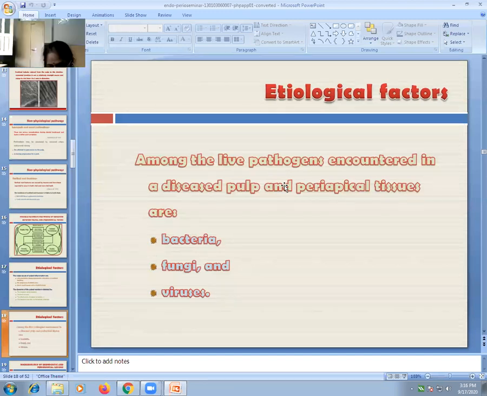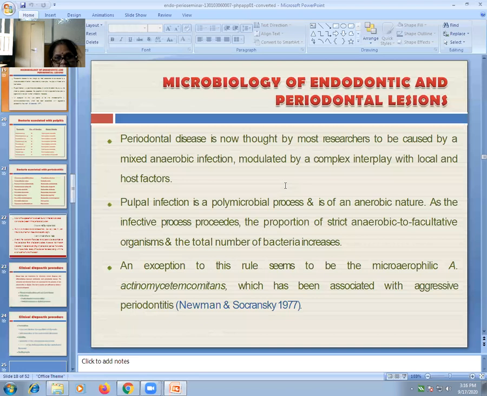So once you know the rationale, we will know what infects the pulp tissue. When you look at the microbiology, there is a difference between endodontic and periodontal lesions.